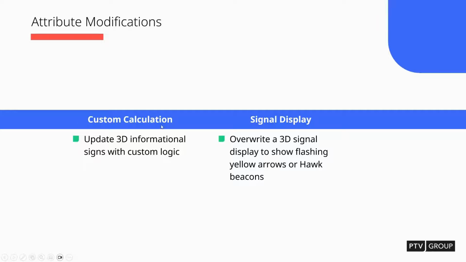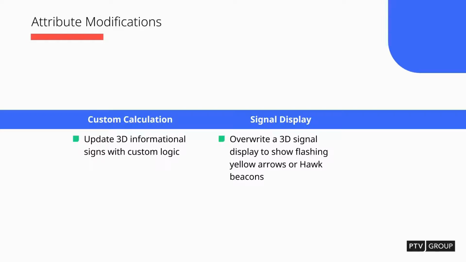In particular, you can utilize these in conjunction with 3D informational signs to post variable message displays. Like at the bus stop, if you have an estimated time of arrival or something like that, you can have an attribute that stores that information, and then an attribute modification that keeps calling that information or updating it or calculating it.